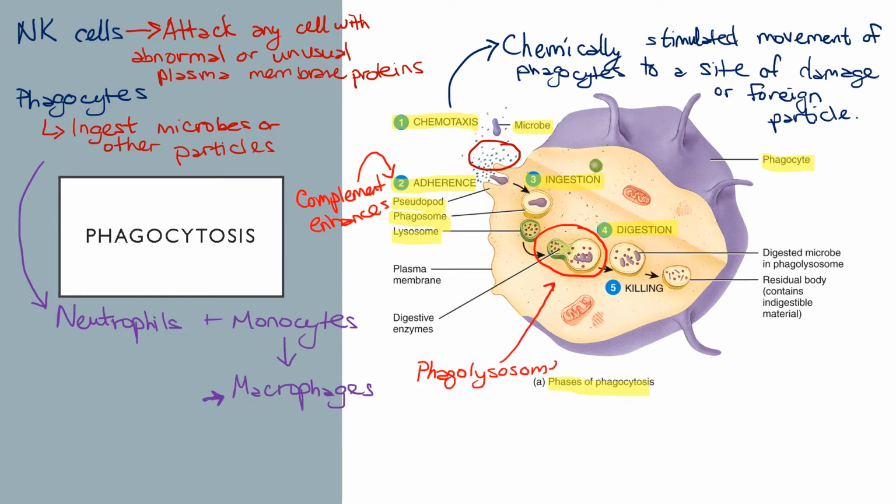The lysosome contributes lysozyme, which breaks down the microbial cell walls, and there are a lot of other digestive enzymes in the lysosome as well that break down carbohydrates, proteins, lipids, and nucleic acids. So here we have that digested microbe in the phagolysosome.